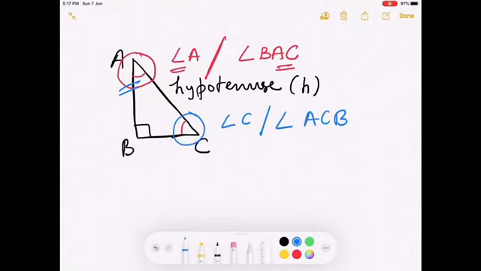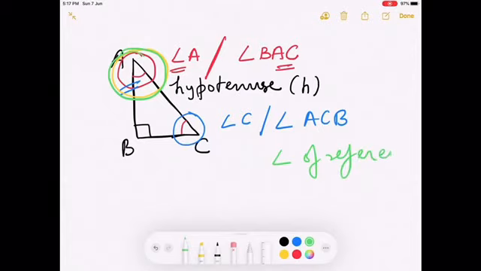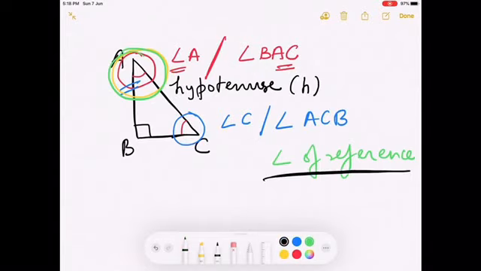Here in this triangle I can say that I have angle A and angle C. So if I consider any one of these two angles, let us say I am considering angle A in a particular question, then angle A will be known as the angle of reference, because in a right angle triangle, apart from the angle B which is 90 degrees, there will be two more angles, angle A and angle C. And if I consider any one of them in a particular question, if I am solving it with respect to angle A, then angle A is known as the angle of reference, and we have to remember this.